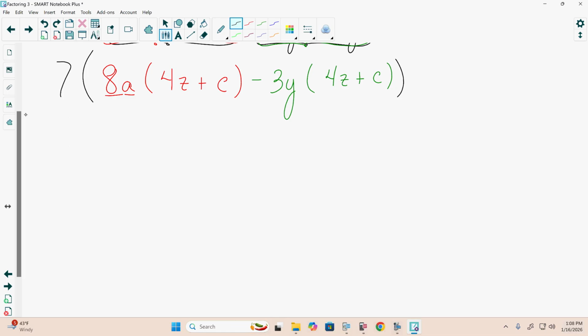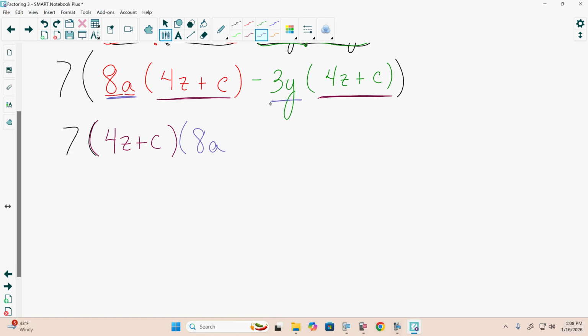But we are now able to factor what out? 4z plus c out of both terms, yes? And if we factor it out of that first expression, what we're left with is 8a.